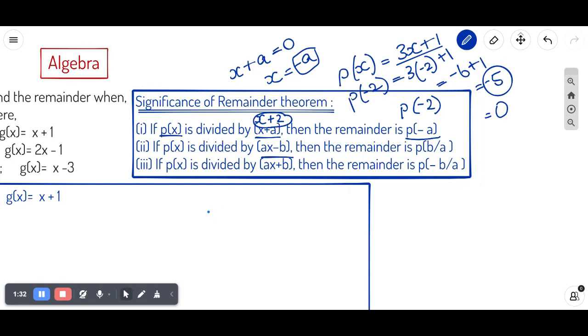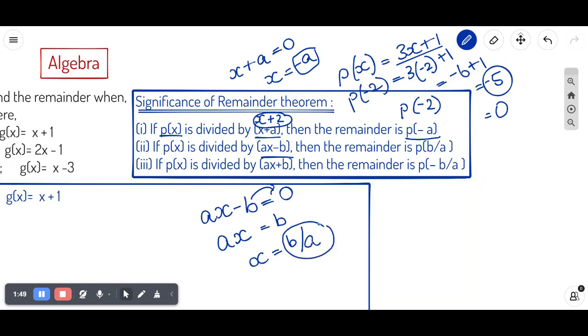If it is ax minus b, you take ax minus b is equal to 0. Then ax is equal to b, taking it to the other side, and now x will be equal to b by a. So p of b by a gives you the remainder.